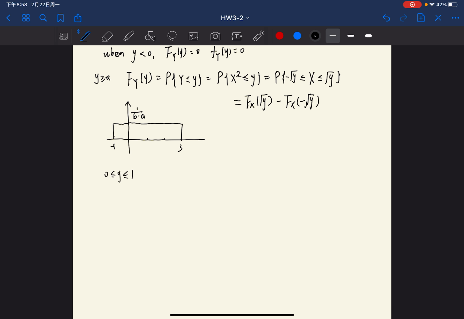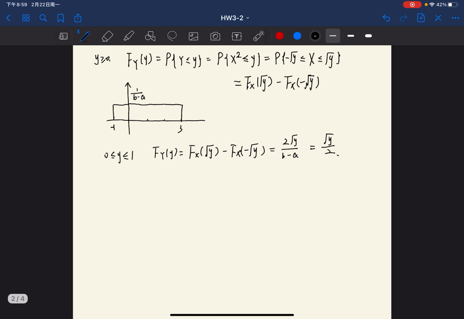In this circumstance, capital F_Y(y) equals capital F_X(y to the power of 1 divided by 2) minus capital F_X(minus y to the power of 1 divided by 2), and this equals 2 multiplied by y to the power of 1 divided by 2 divided by b minus a, and because b is equal to 3 and a equals minus 1, this equals the following, and this is when y is between 0 and 1.